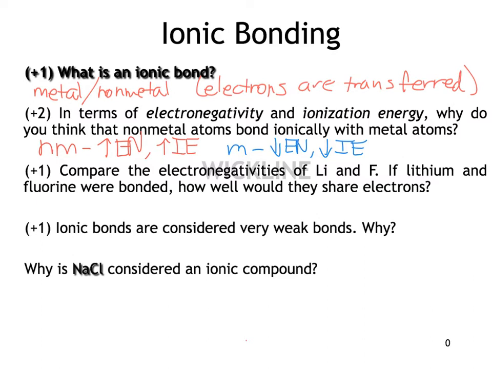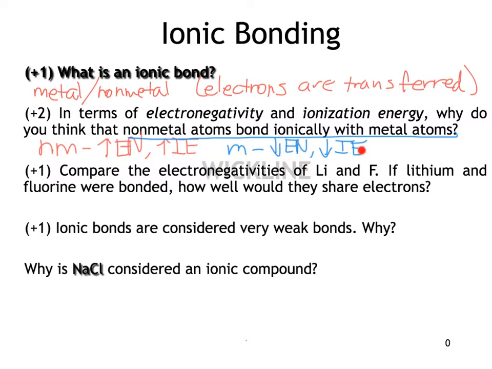Therefore, in terms of electronegativity and ionization energy, why do non-metal atoms bond ionically with metal atoms? It's actually quite simple. Since the non-metal atoms have a high electronegativity and a high desire for electrons, they're going to want the electrons that metals have.